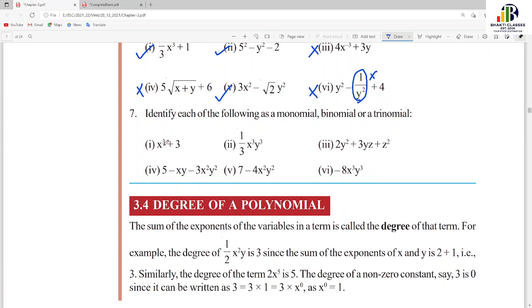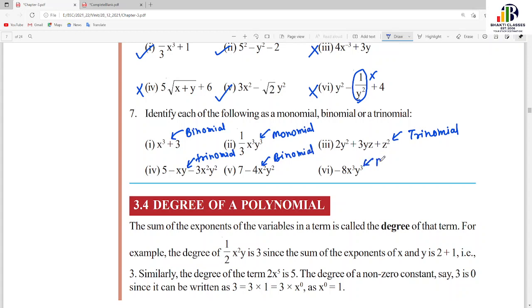So the first expression is binomial, the second is monomial, the third is trinomial, this is again trinomial, this is again binomial, and this is monomial.